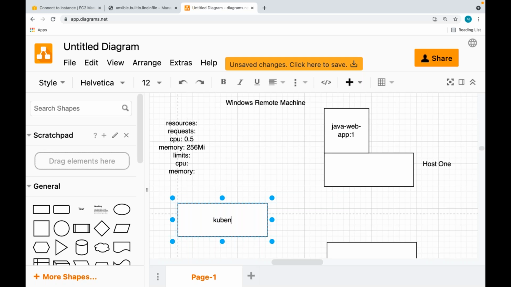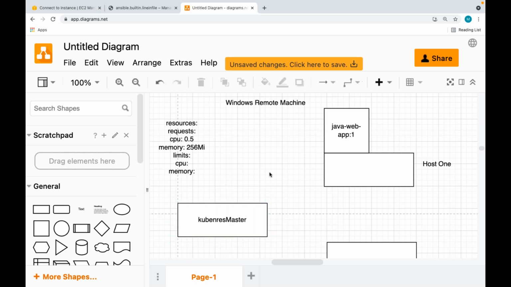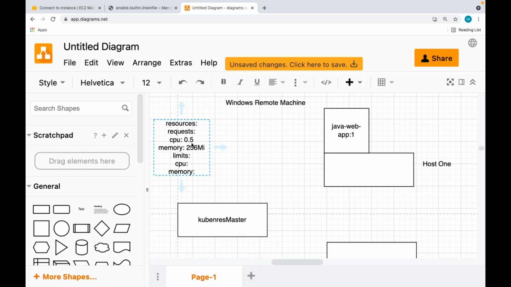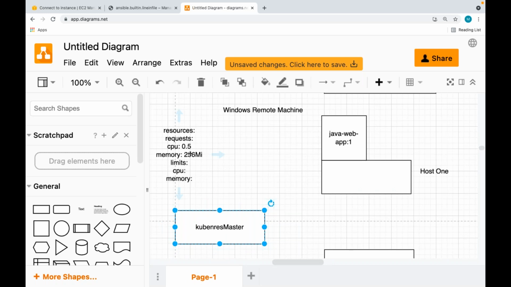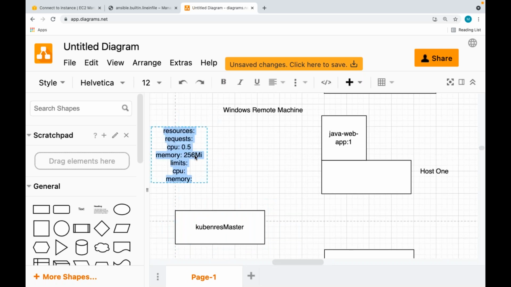So if I have something like this in my pod manifest, I'm requesting my Kubernetes API server. The request first goes to the API server, which validates it, and then the scheduler will check whether there is any node which has at least this much memory and this much CPU available to schedule this pod.